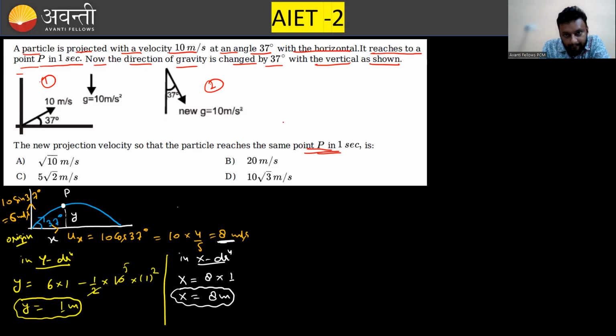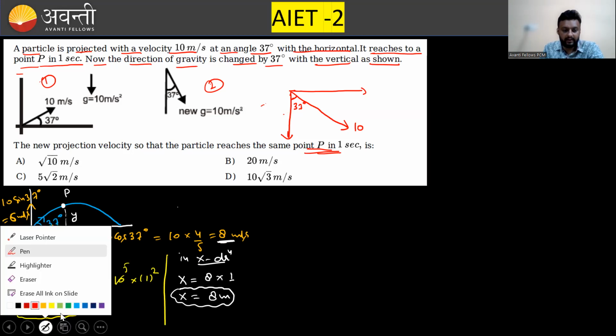Now, what will be the values of these accelerations? Let's suppose this is our y-axis, this is our x-axis. This is the acceleration, which is 10. This is g, and at what angle? It was given as 37 degree angle.